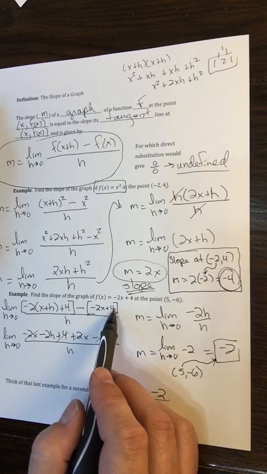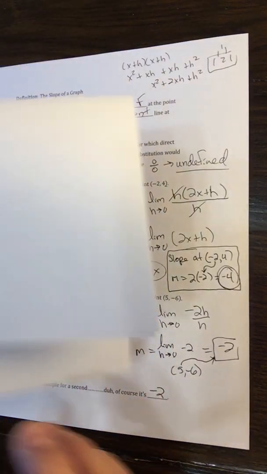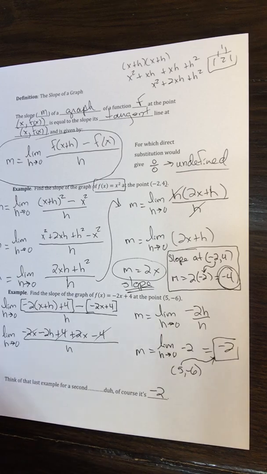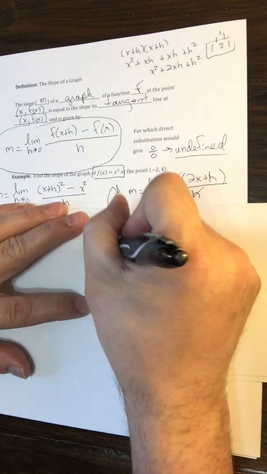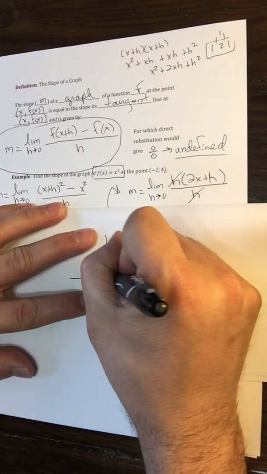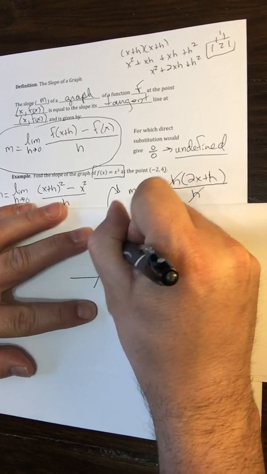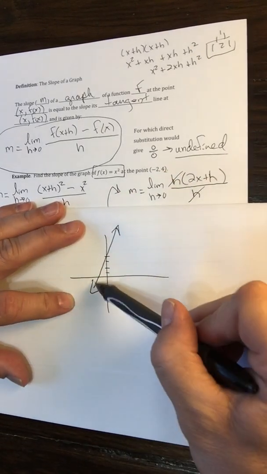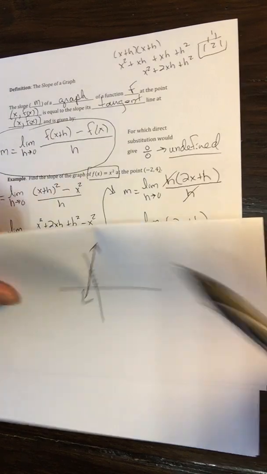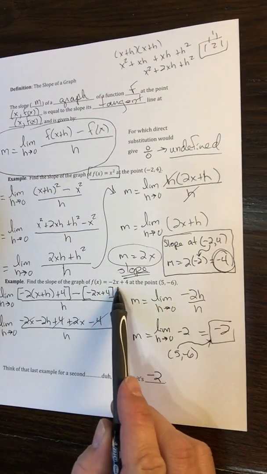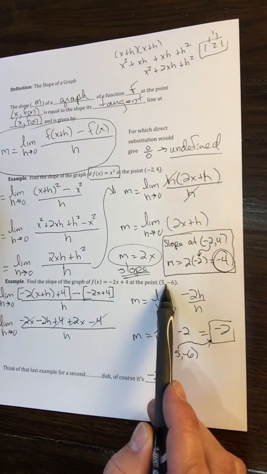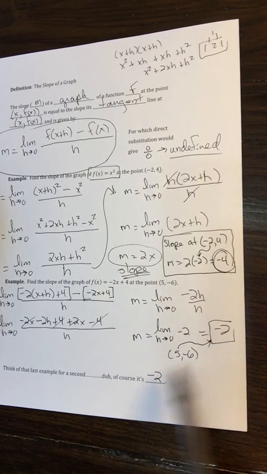So if it's a line with a slope of -2, oh, FedEx showed up. We'll get rid of that. -2x plus 4, I think, is my line. So I go 1, 2, 3, 4, and then I go up like this. It was supposed to be negative, wasn't it? Isn't the slope going to be the same no matter what point you pick? So we got this line at -2x plus 4. Whatever point we pick, slope's going to be -2.